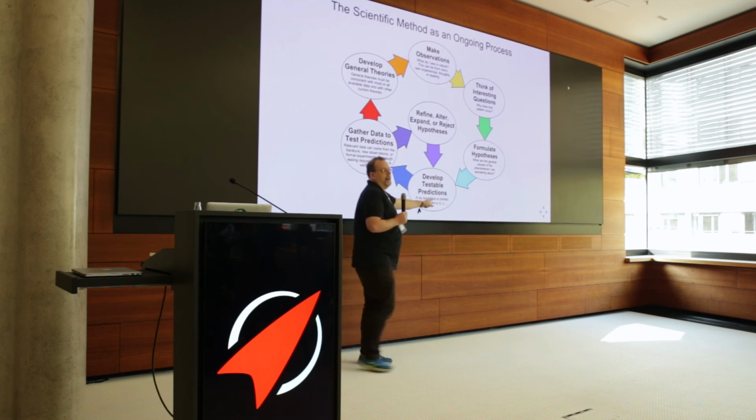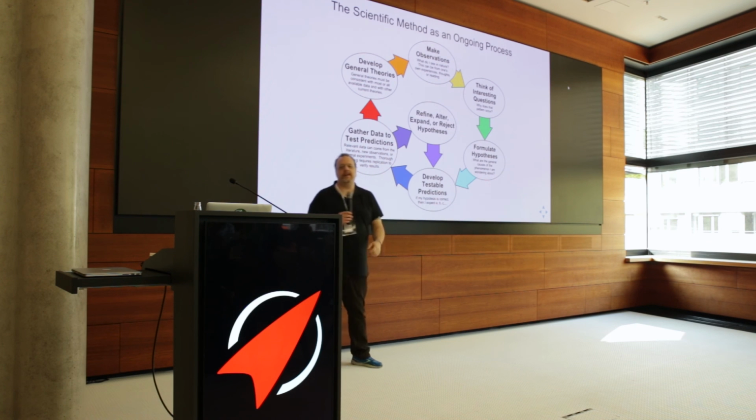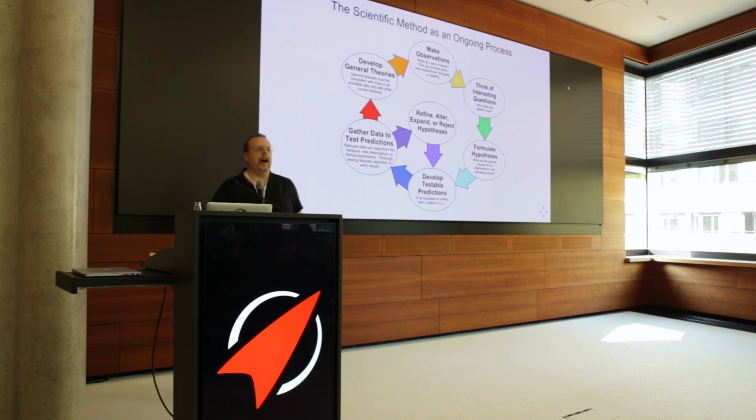Then repeat. You say, I want to see if this antibiotic works. First of all, I have a list of possible antibiotics, and I choose the one that's most likely to work. Then I run an experiment and I see if it works. Then I compare the different results and see which one works best. And then maybe I can think about the next antibiotic based on what I know.